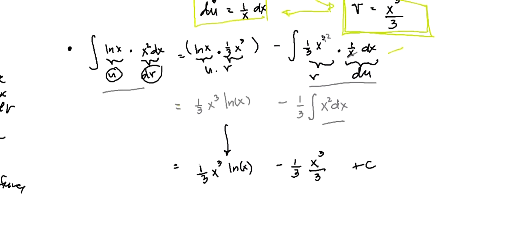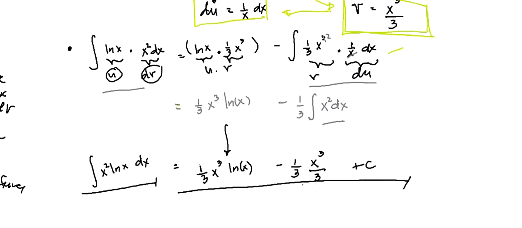So this is now our final answer. The integral of x squared ln of x dx is simply 1/3 x cubed ln of x minus 1/3 x cubed over 3.